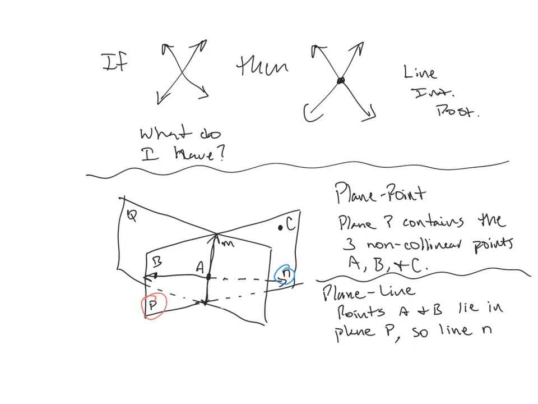But line N containing A and B is also in plane P.